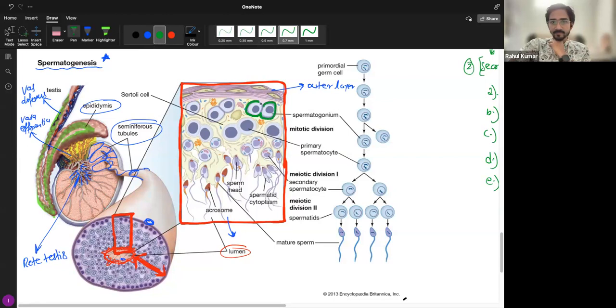Okay. The ones highlighted in green are called spermatogonium cells. These are the cells which are round in shape, but over time they will develop into sperms and, unlike what they are now, they will become elongated and mature sperms. So these are one type of cell.